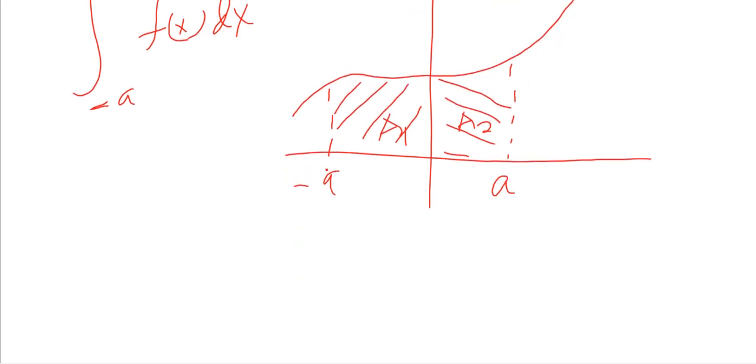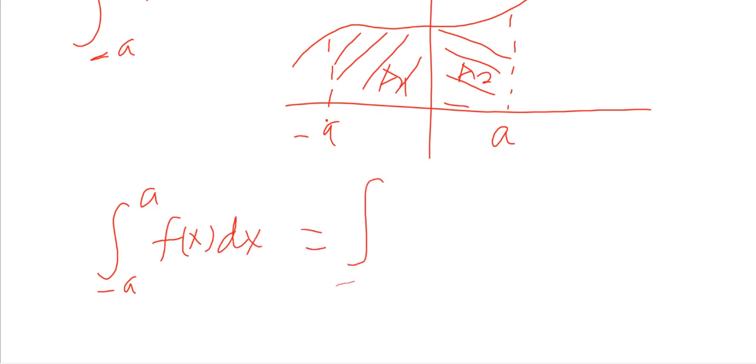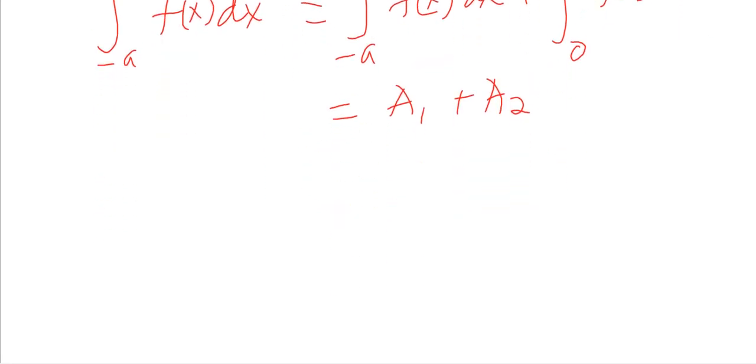So the integral from minus a to a, f of x dx, means the integral from minus a to 0, f of x dx, plus the integral from 0 to a, f of x dx. It is basically A1 plus A2, the area of region A1 plus the area of region A2.